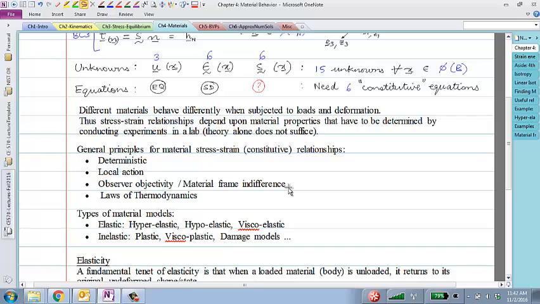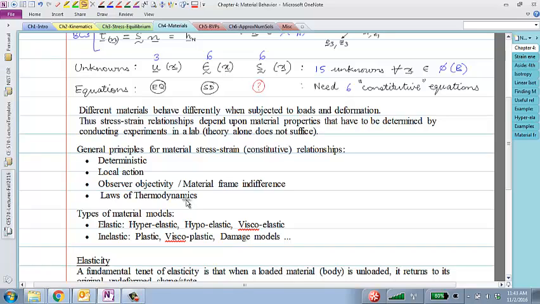Meaning, if there is a physical experiment going on and there are two different teams of observers observing the same experiment, measuring changes in lengths, measuring forces and tractions and all that, then the relationship between material stress and strain that both these teams develop have to be equivalent, have to be consistent with each other. Two different observers observing the same experiment cannot come up with two different material models. And finally, laws of thermodynamics must be satisfied.